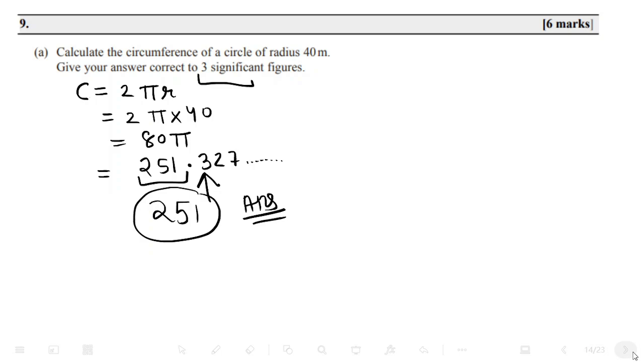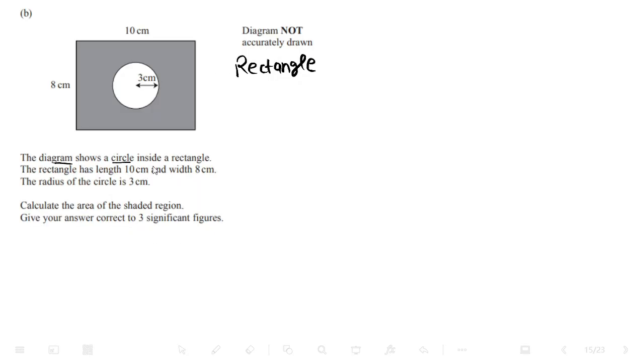The diagram shows a circle inside a rectangle. The rectangle has length and width. The radius of the circle is 3 centimeter. So okay, this is part B.